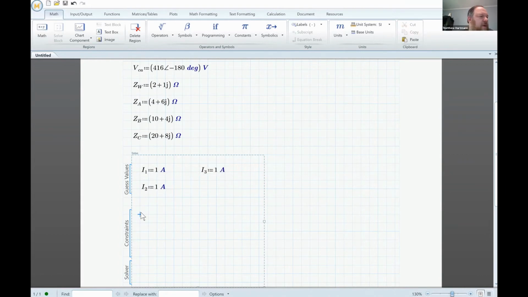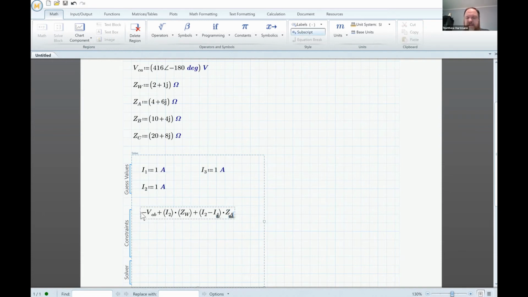And then I have my equations. So I believe it was negative VAB plus, let's see, I2 times ZW plus I2 minus I4 times ZA.